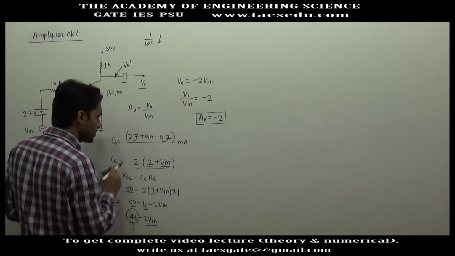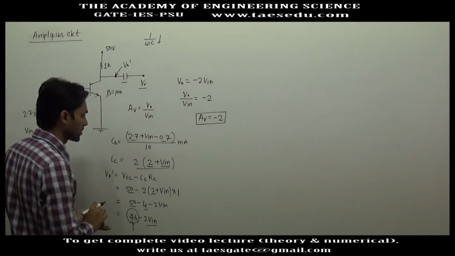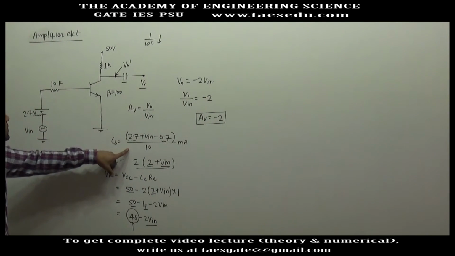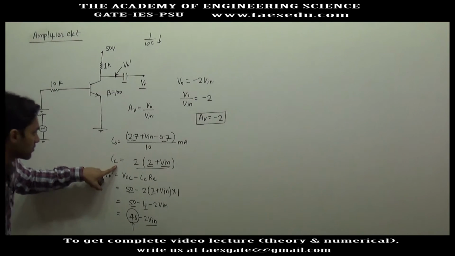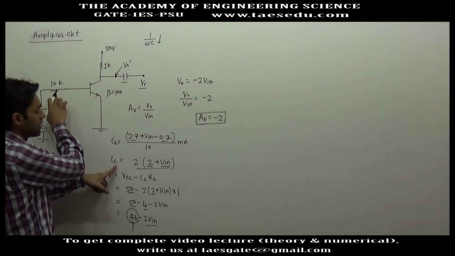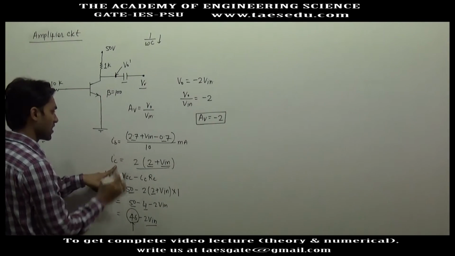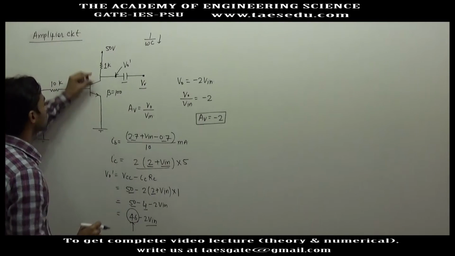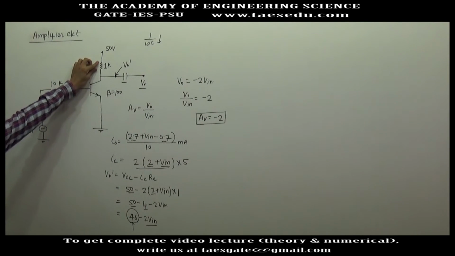If IB increases, IC will also increase. Say you have reduced it 5 times, then IB will increase 5 times, so IC will also increase 5 times, and this voltage drop will increase. So this is also possible.